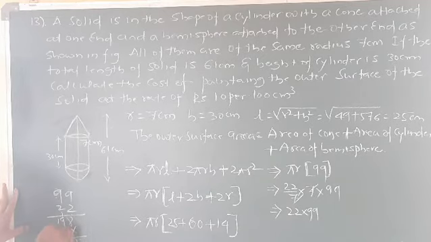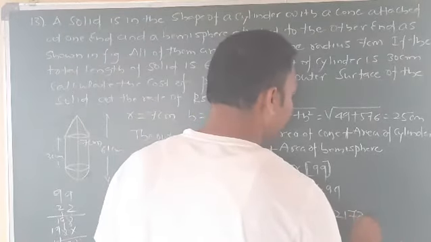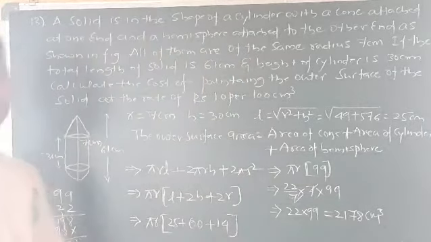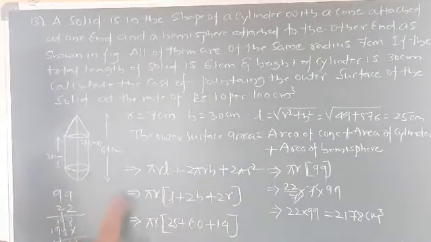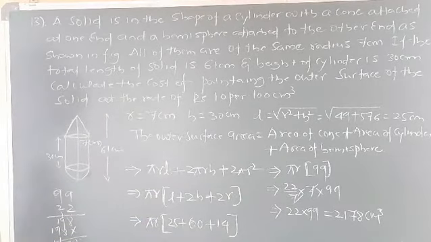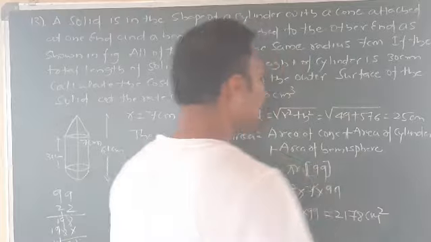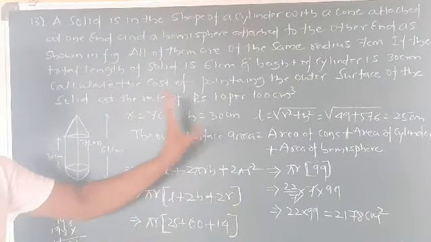Now 2 and 9 is 11, so 2178. Now this becomes 2178 centimeter square. So this is the total outer surface area we have.